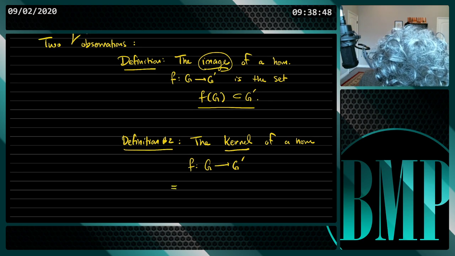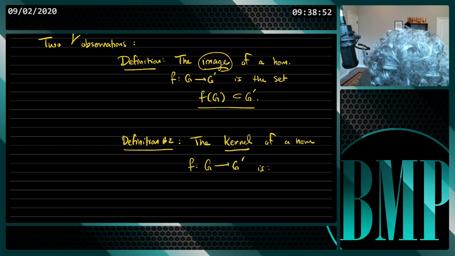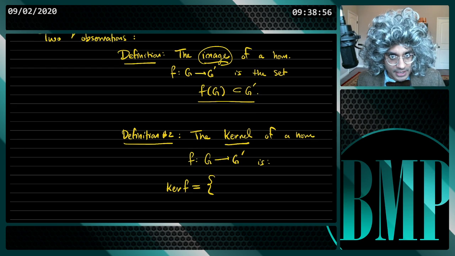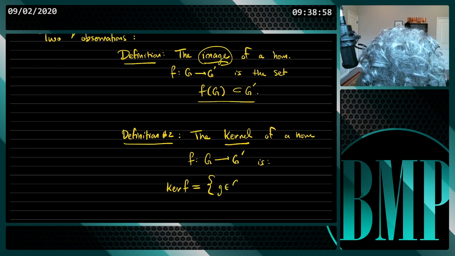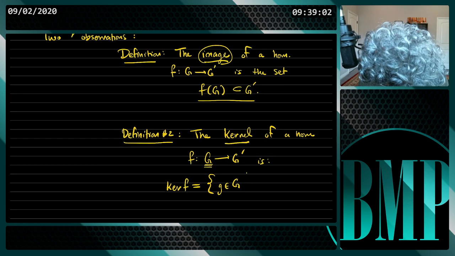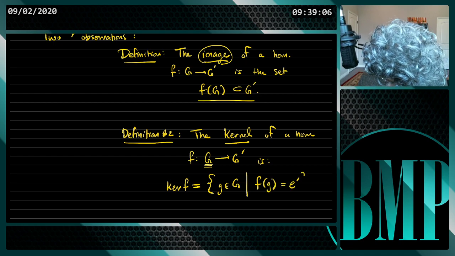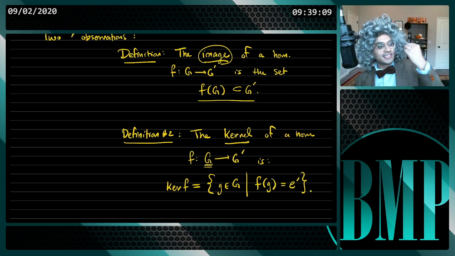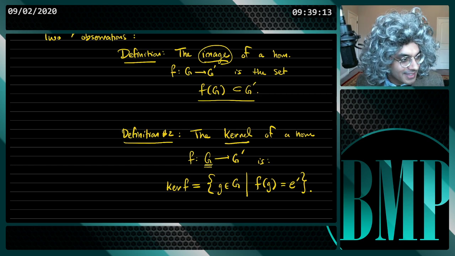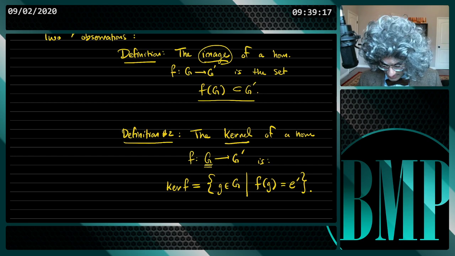It's denoted ker f, the kernel of f: the set of elements in the domain such that the output is the identity element. All the things that map to the identity under the group homomorphism, that's a subset of the domain, and it's called the kernel. All right?